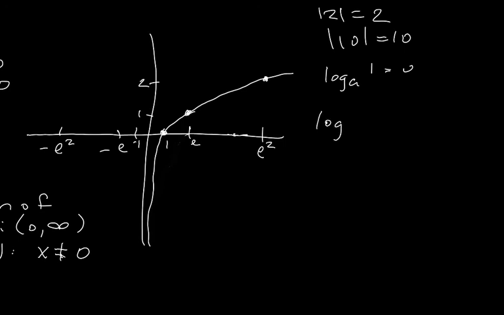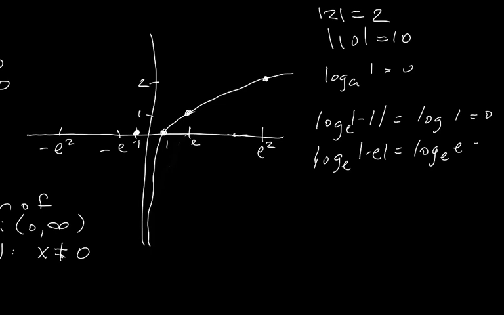If I plug in a negative 1 in there, that just comes out as a positive 1, which is still 0. And if I plug in log base e of negative e, well, that's log base e of e, which is 1. And so on and so forth. So what we actually get is this kind of graph.